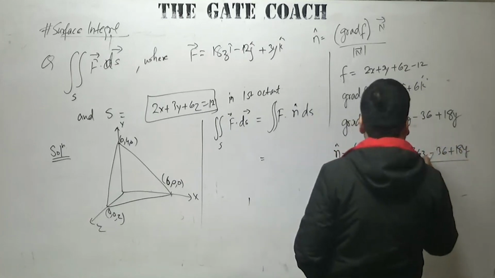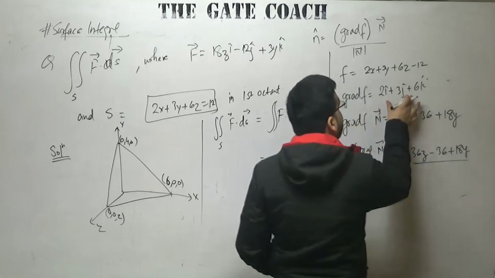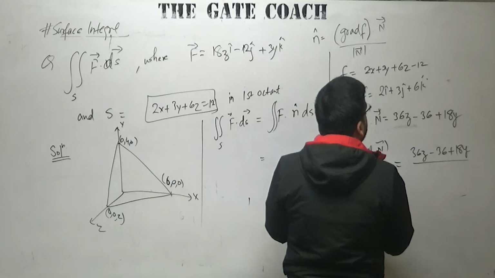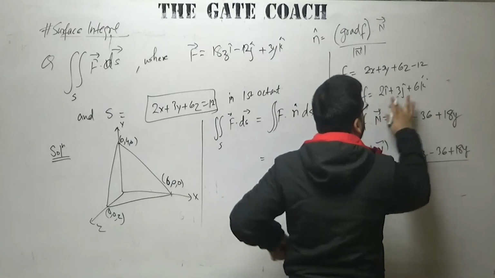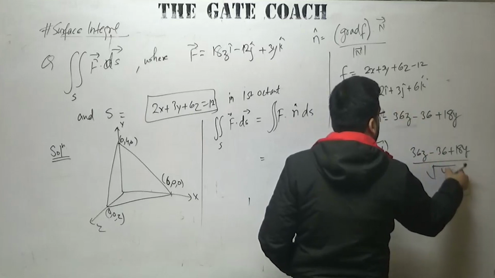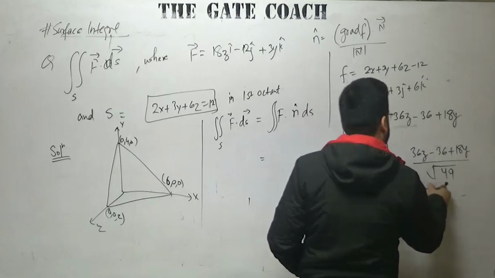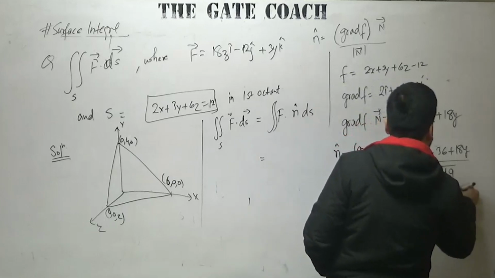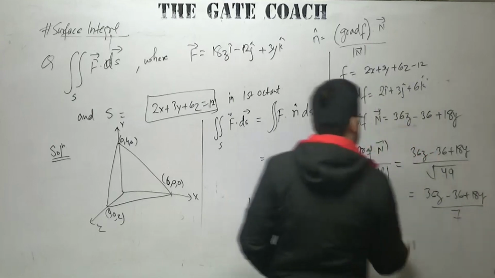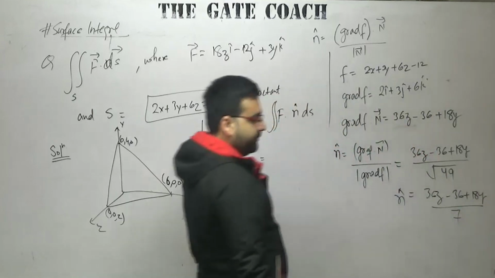Now what is this grad f? The mod of this will be 9 plus 36 plus 4, it will be 49, 49 under root, it will be equal to 7. So 36z minus 36 plus 18 times y divided by 7 will be the n unit vector.